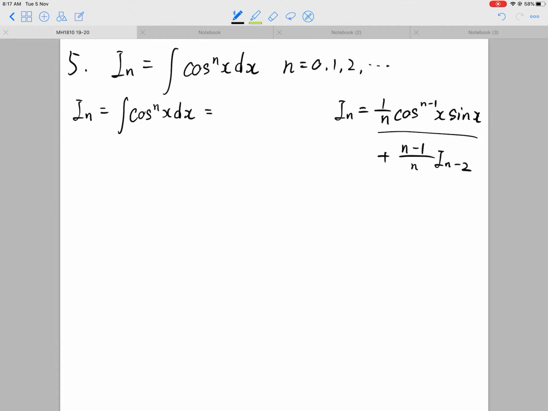It should contain both sine and cosine. So maybe we should split this integration.